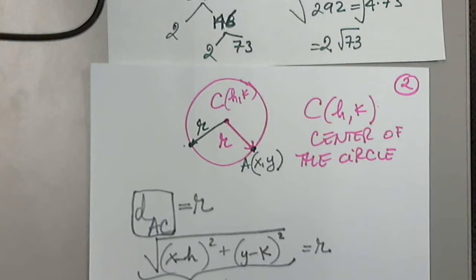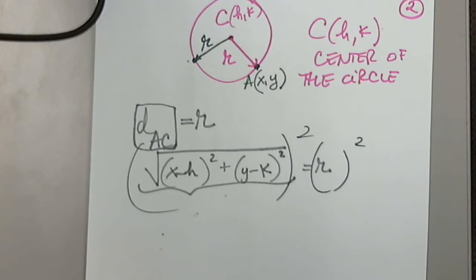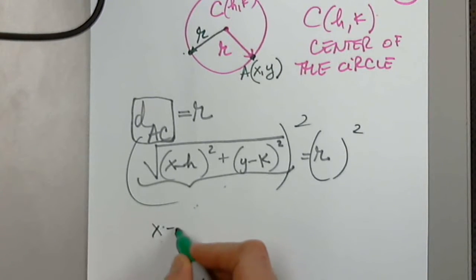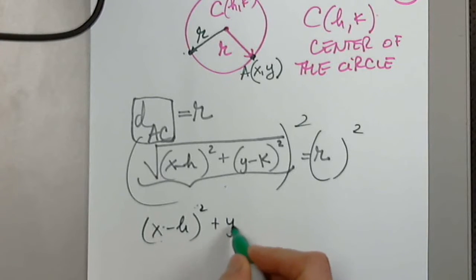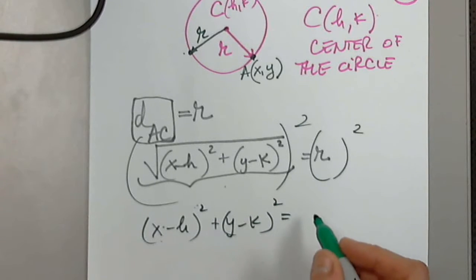Now, this is the equation of the circle, but we prefer it without the square root. If I prefer this without a square root, what should I do to both sides? Exactly. So I will square the left-hand side, and I will square the right-hand side. What would you tell me to write on the left? (x minus h) squared plus (y minus k) squared equals r squared.